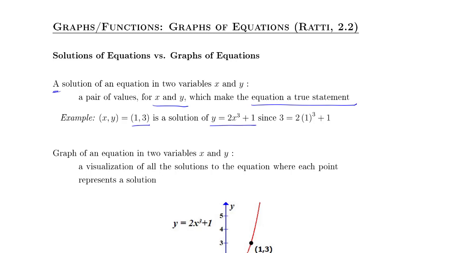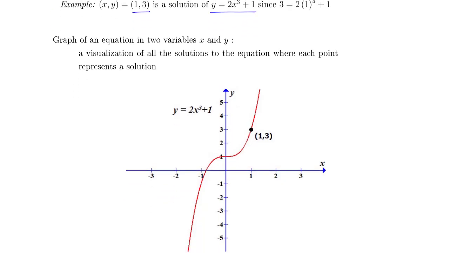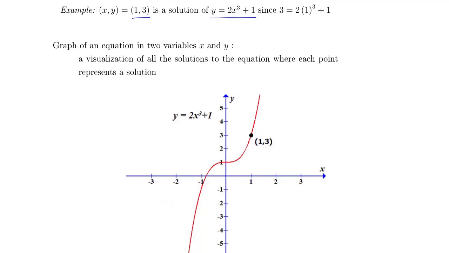So now what about a graph of an equation in 2 variables x and y? Well, what that is actually is a visualization of all the solutions to the equation, where each point represents a solution. All right, so if we go back to what we were talking about before, the y equals 2x cubed plus 1, this red curve there is the graph of the equation y equals 2x cubed plus 1.